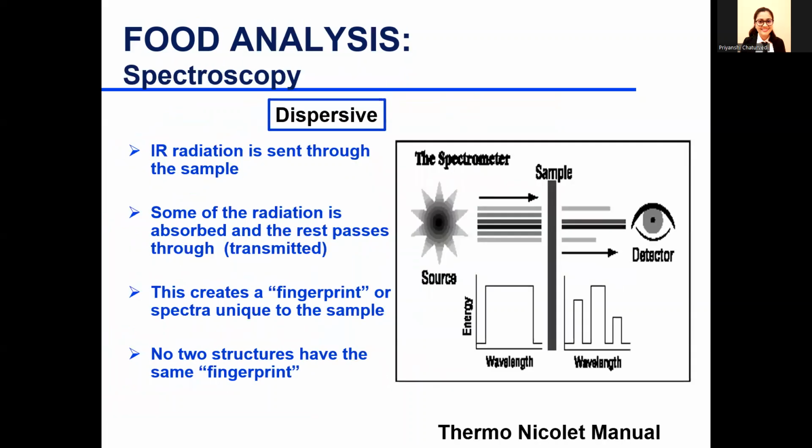Okay, so a dispersive system, I like dispersive ones if you really want to get a nice fine fingerprint out of something. If I have my pure compound and I've made my KBr pellet, I'm going to stick my sample in here, got my source. It could be something as simple as that nichrome wire, but it could also be a lower energy laser.